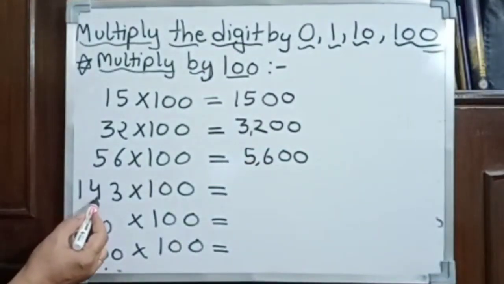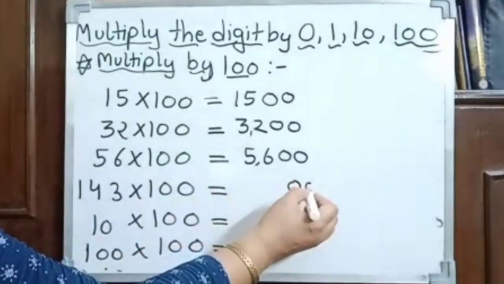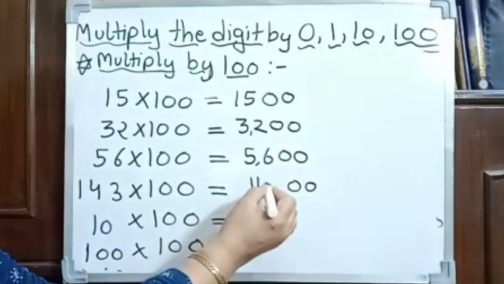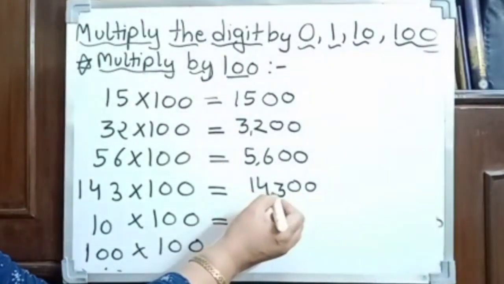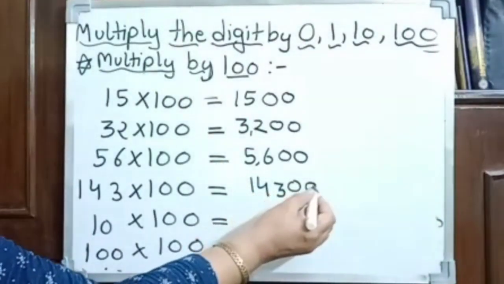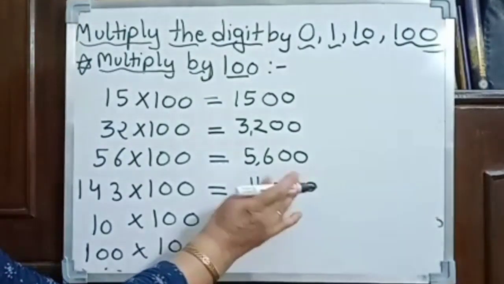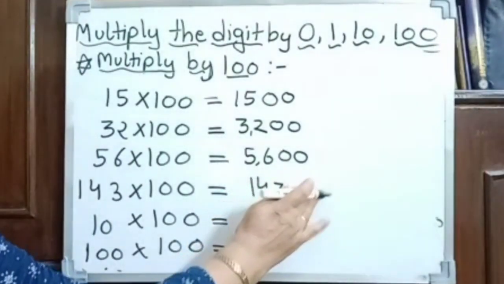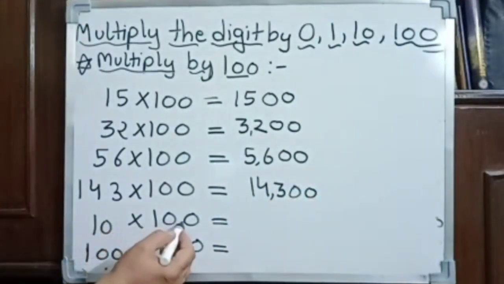Now 143 multiplied by 100, 2 zeros here and the same number will be here: ones, tens, 100, 1000, 10,000. So 14,300.